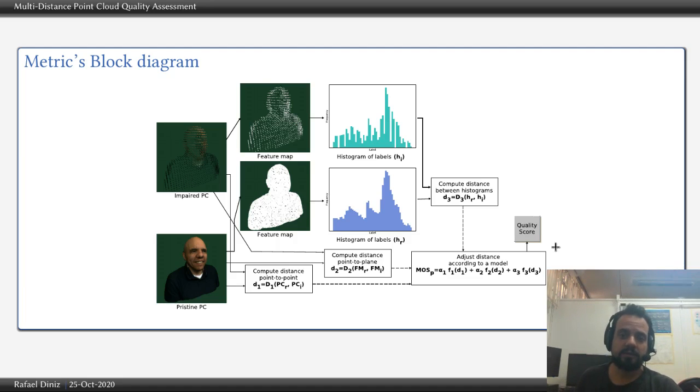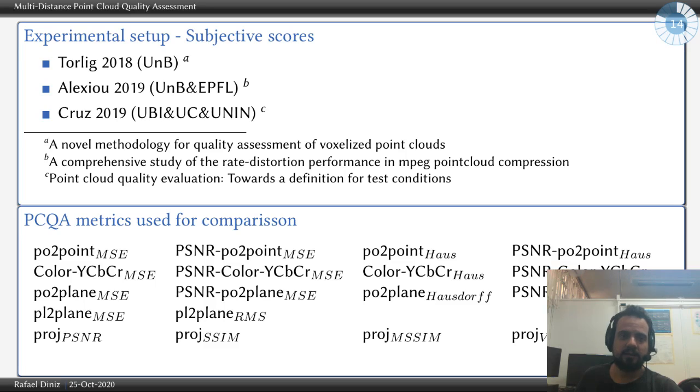Then going to our experimental setup, we use the datasets and also the scores described by these three papers that I already mentioned, by Torlig, Alexiou and Cruz, which are listed here again.